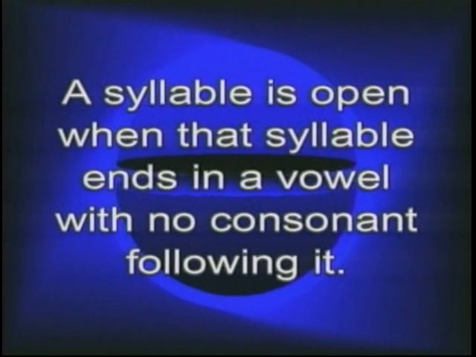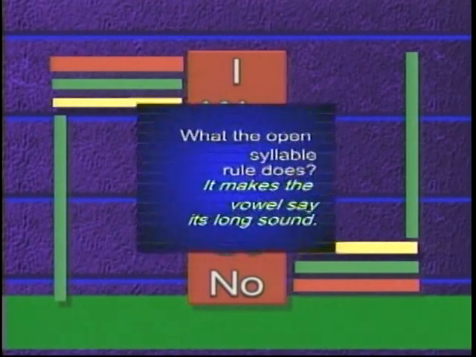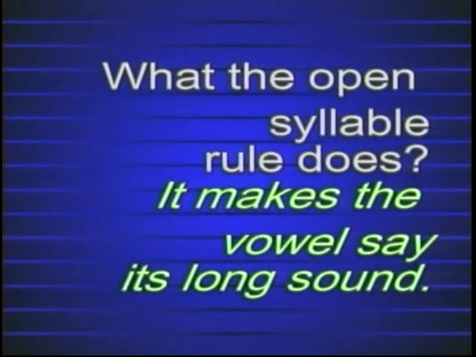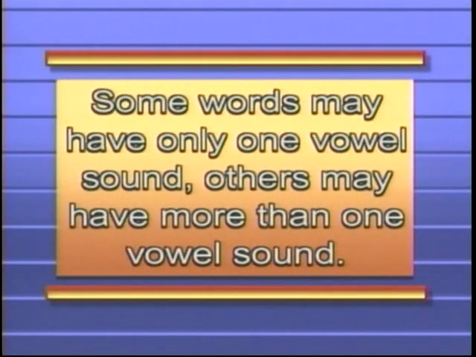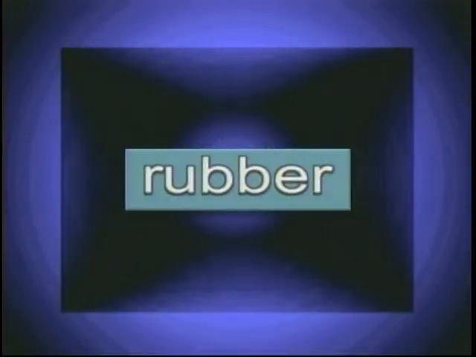A syllable is open when that syllable ends in a vowel with no consonant following it, such as I, we, he, so, go, no. What the open syllable rule does, it makes the vowel say its long sound. Correct. We know that some words may have only one vowel sound, others may have more than one vowel sound, such as rubber.